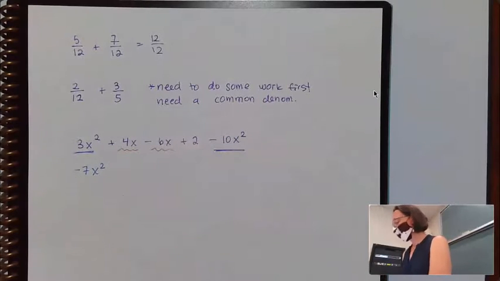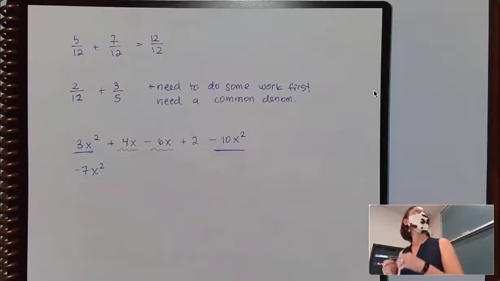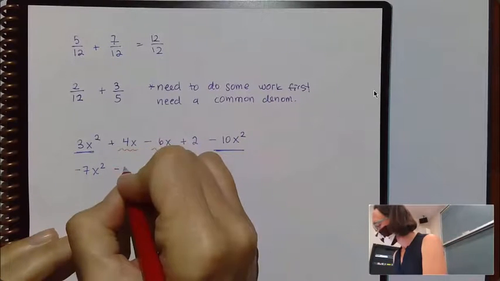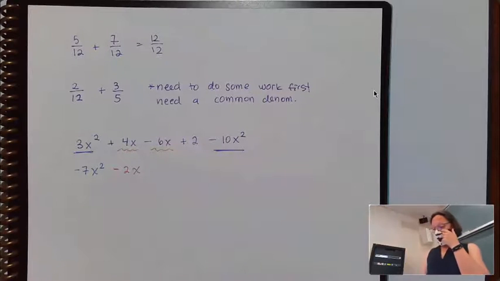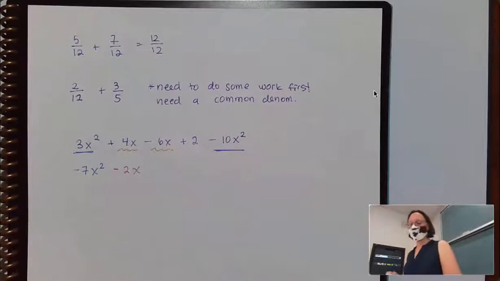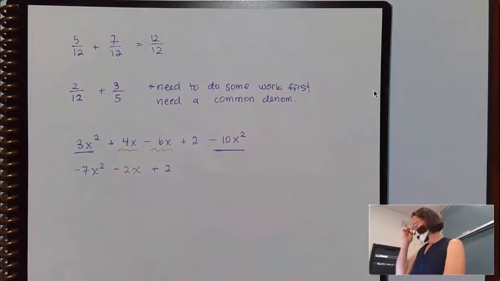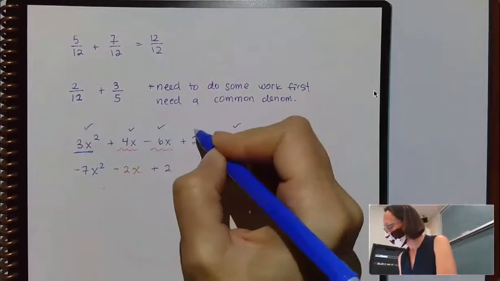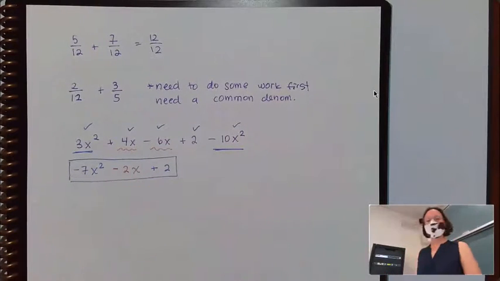If I put those together, I'm going to end up with negative 2x. And then my last piece here, I've got that plus 2. And then we've taken care of each of the terms, combining them into one most simplified expression.